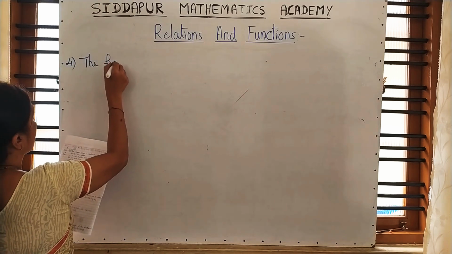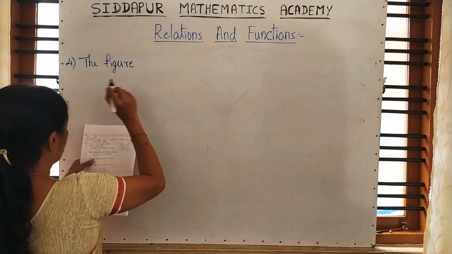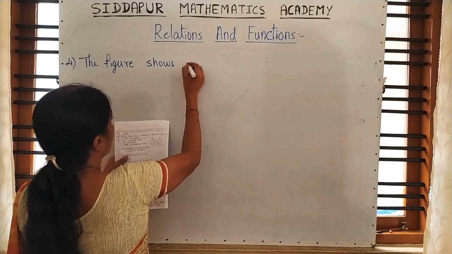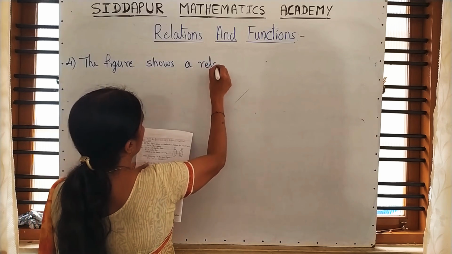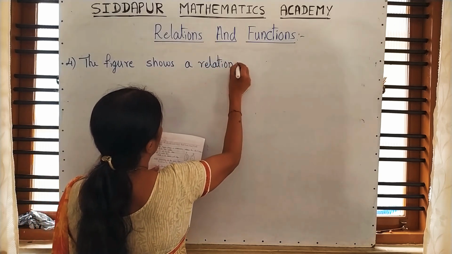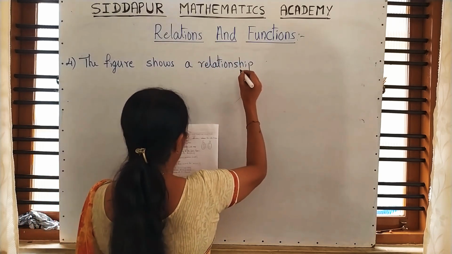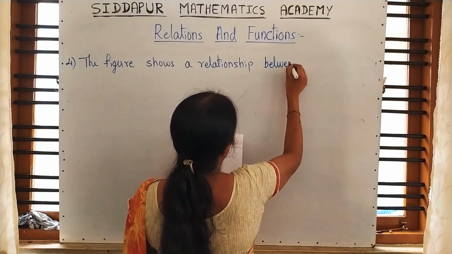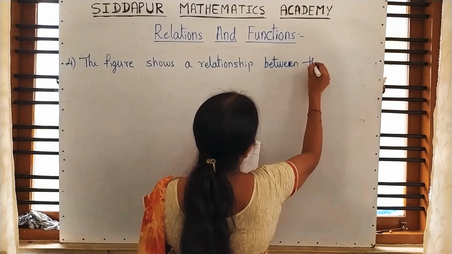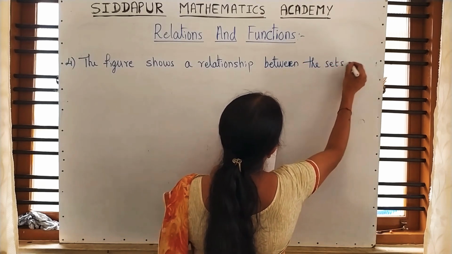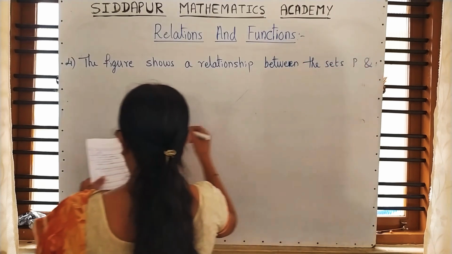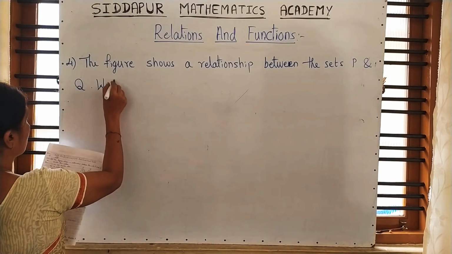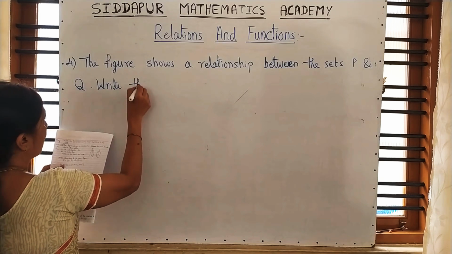The figure given in the problem shows a relationship between the sets P and Q. Write this relation.